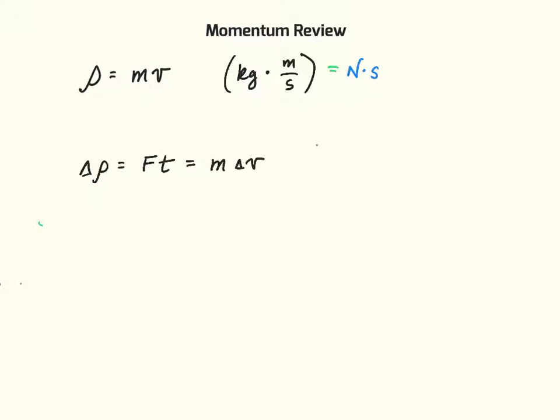Remember that a change in velocity is always v final minus v initial. This change in momentum has a specific term, and it's called impulse.